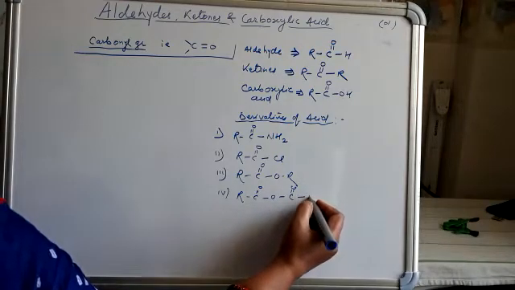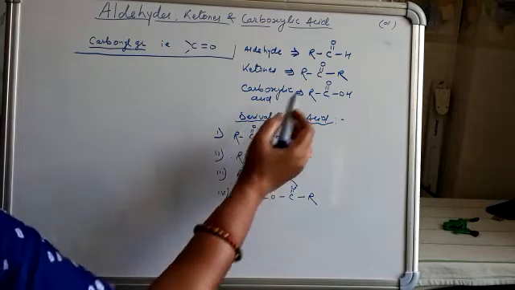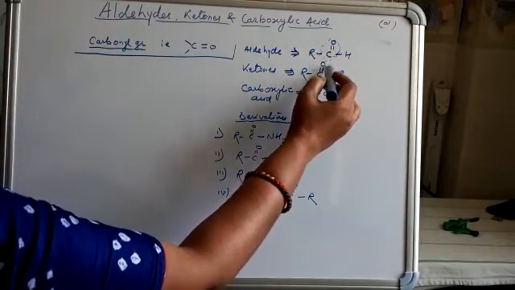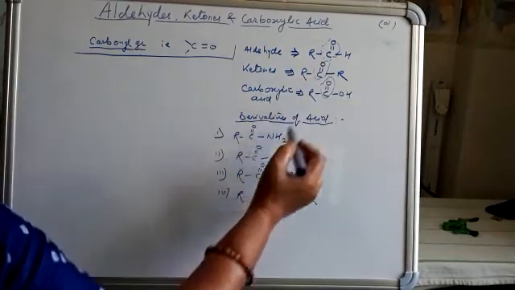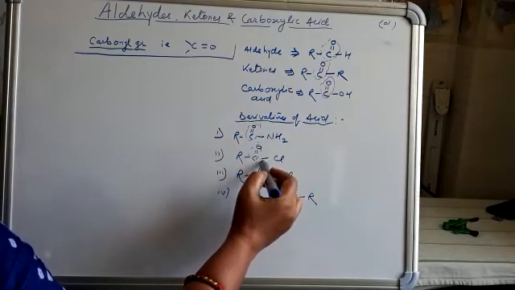In acid anhydride, the CO group is common. The CO group is common; this is known as carbonyl. And all the derivatives contain the CO group in common.